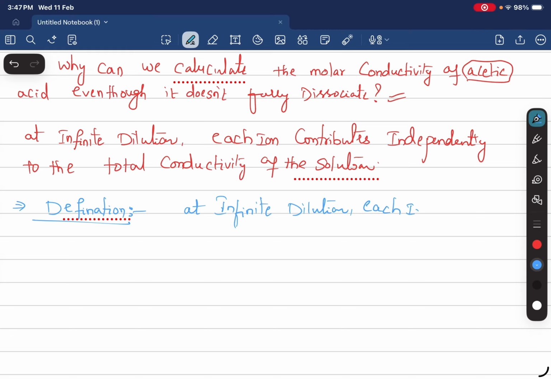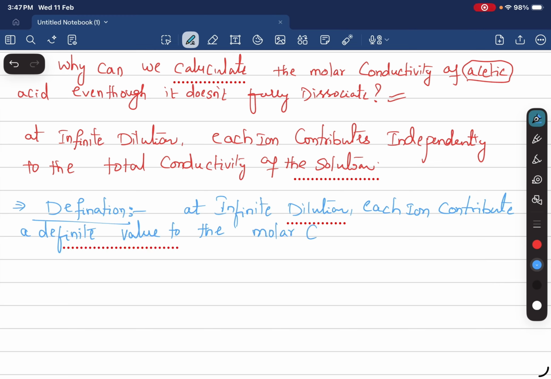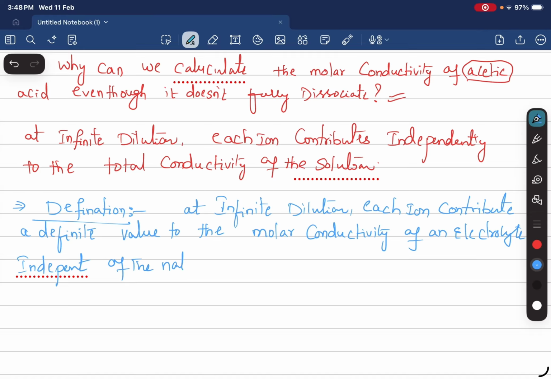Each ion contributes a definite value to the molar conductivity of an electrolyte, independent of the nature of the other ion present.